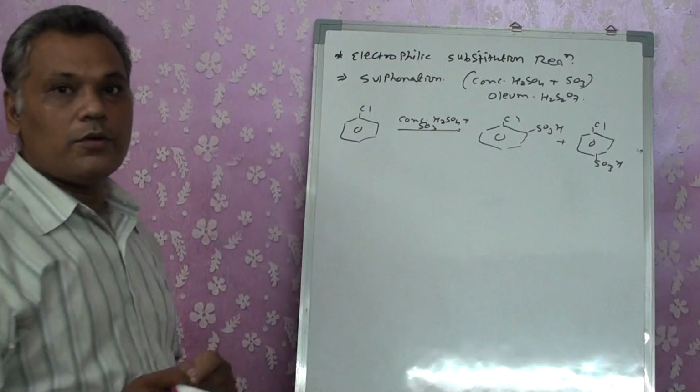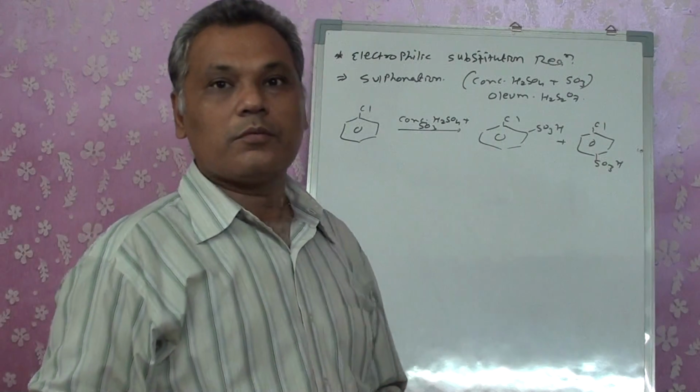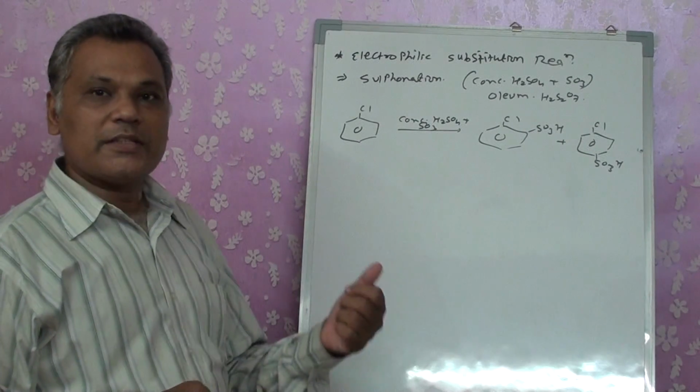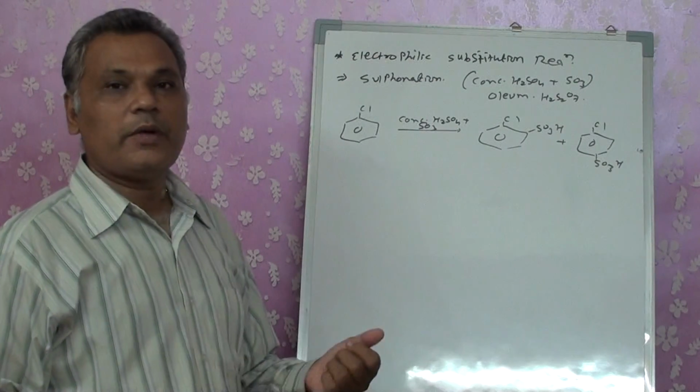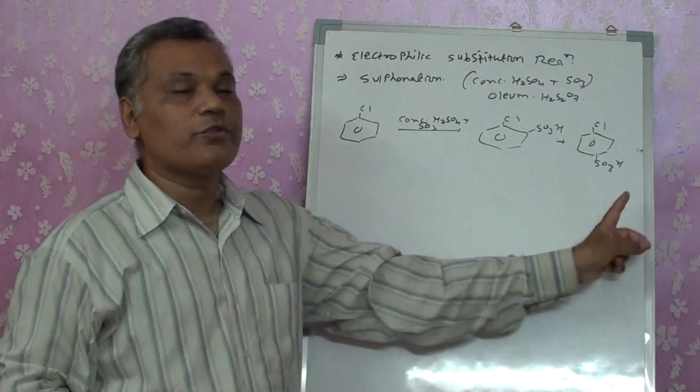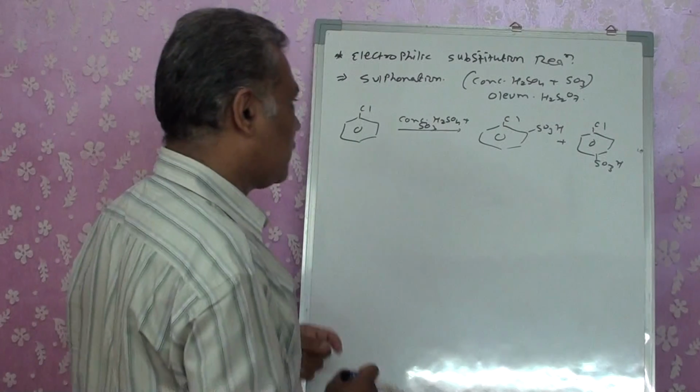It produces ortho-chlorobenzene sulfonic acid or para-chlorobenzene sulfonic acid. Chlorine is less reactive, so we get ortho-chloro and para-chloro. But the second substitution is of SO3H.